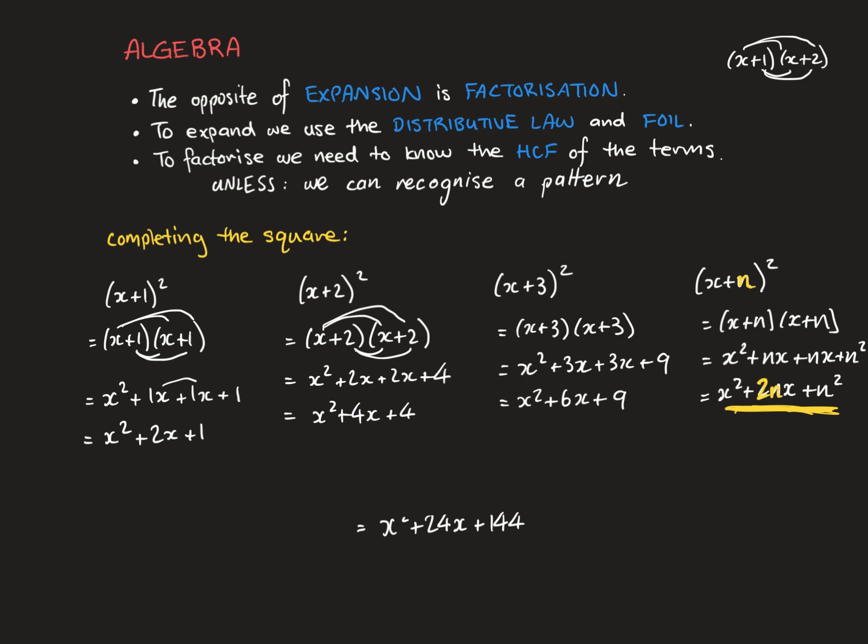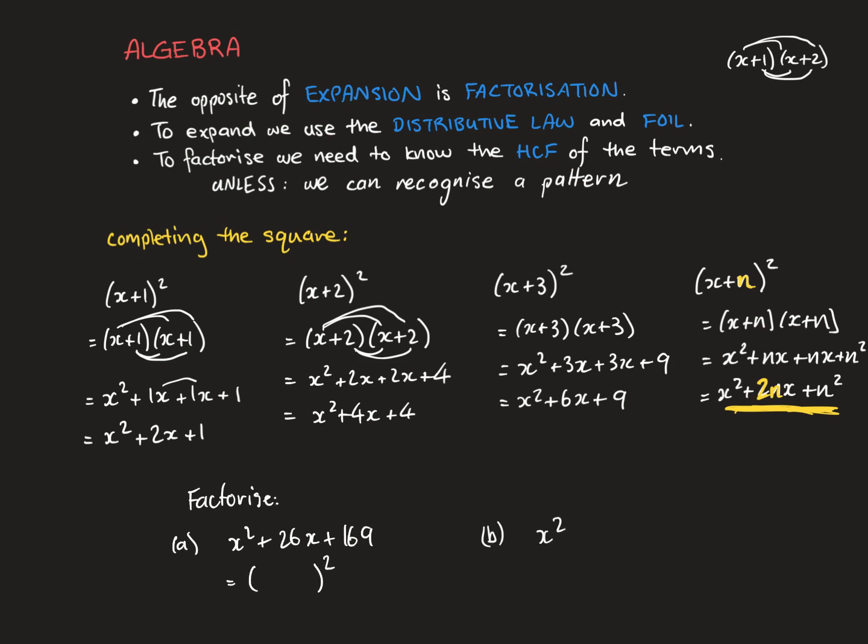I'm going to erase this stuff down here. If I am given this problem, x squared plus 26x plus 169, could you figure out what the brackets should look like? Something squared. And then try this one.